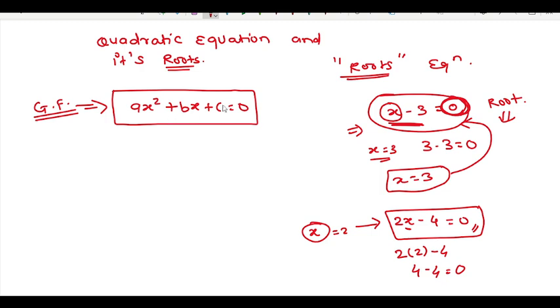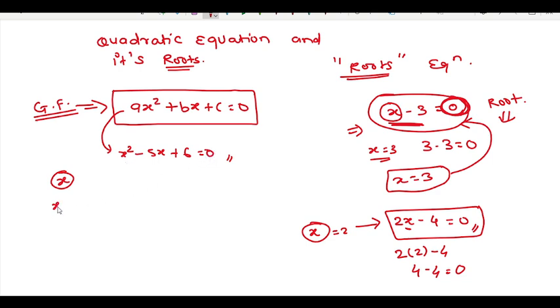Similarly, for a quadratic equation, suppose I take the quadratic equation x square minus 5x plus 6 is equal to 0. Compare this with the general form. Now what will be the root of this quadratic equation? We have to find the value of x such that if I put x is equal to that value, we will get 0.